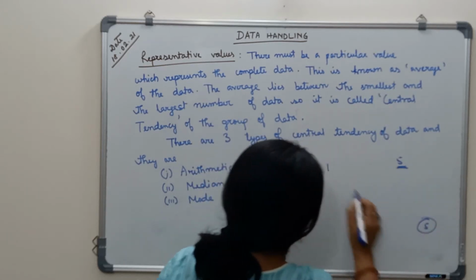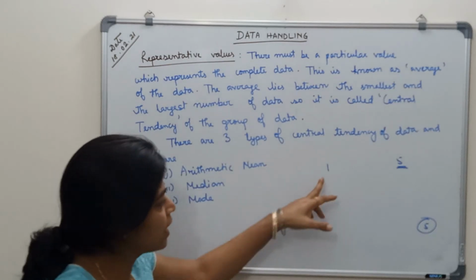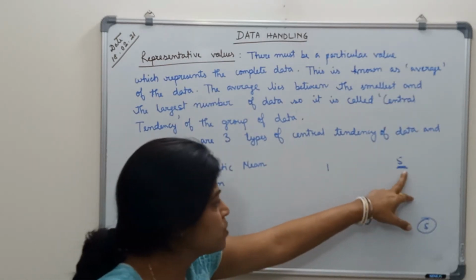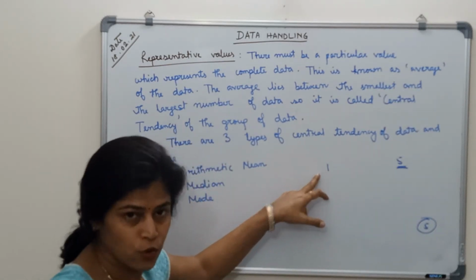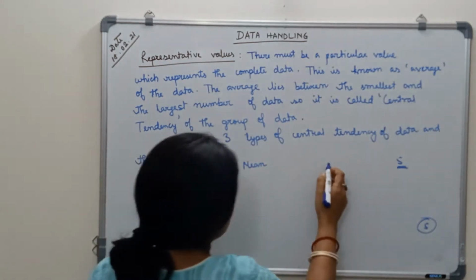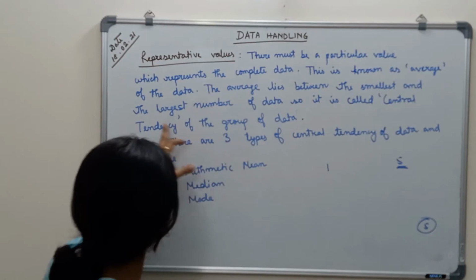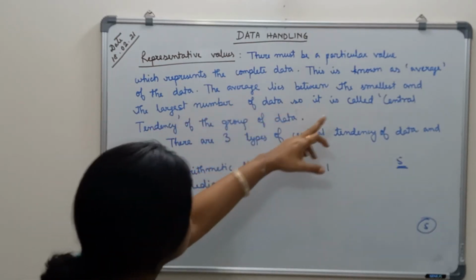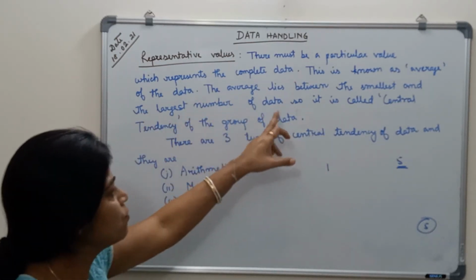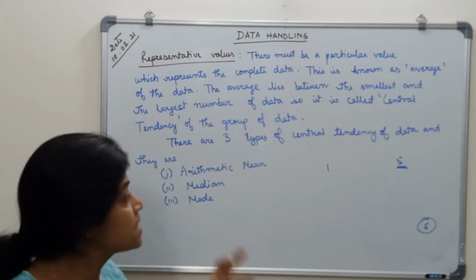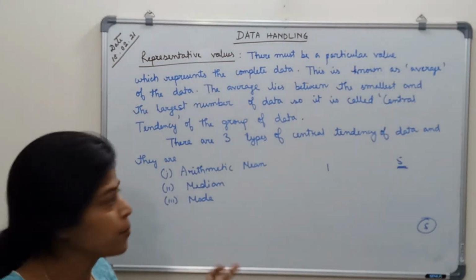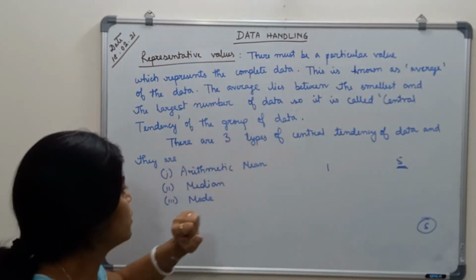A student could also get 0, but we have taken the values from 1 to 5. So the average lies between the smallest and the largest number of the data. It is called the central tendency of the group of data.